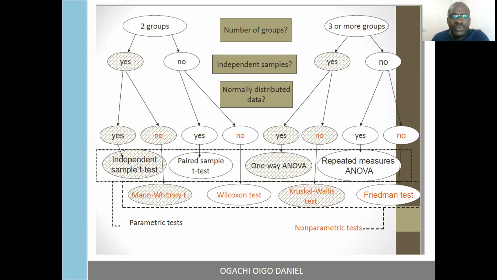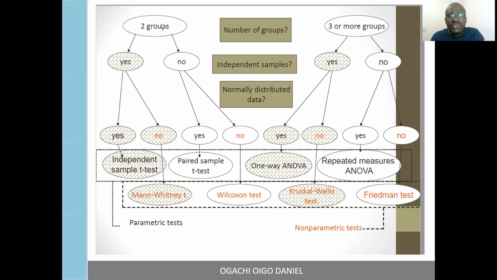So the conditions for an independent sample t-test are that we have two groups, the samples are independent, and the data is normally distributed. If we have two groups and the samples are independent and the data is not normally distributed, we conduct what we call a Mann-Whitney test.